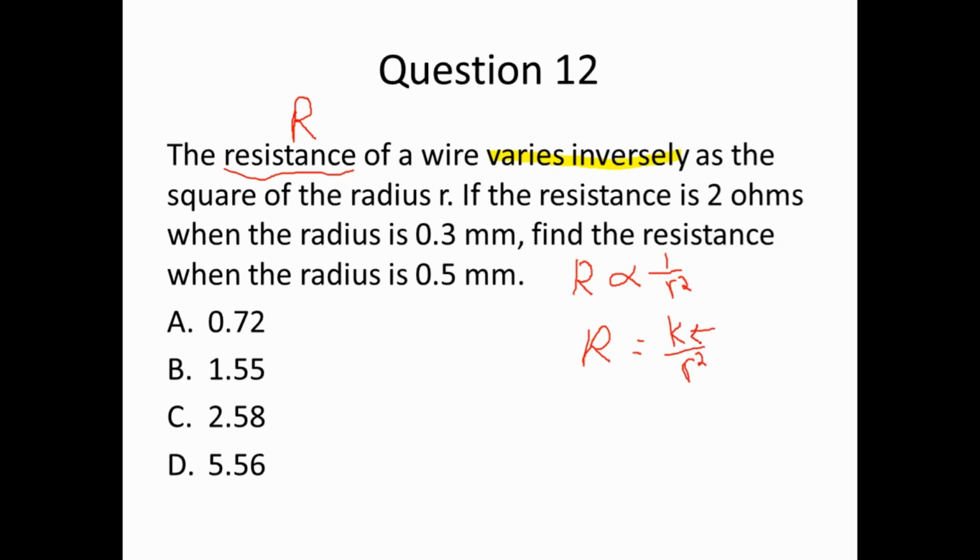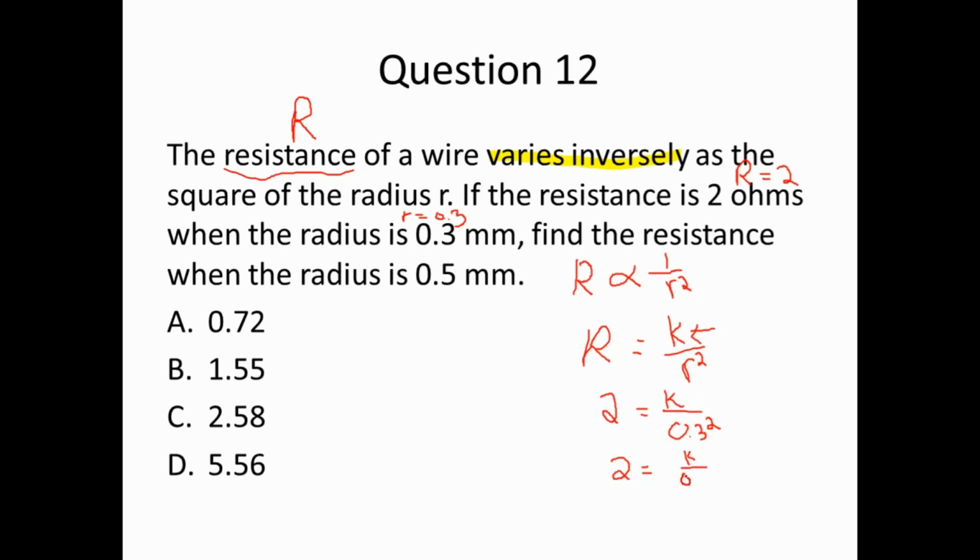We have to find the value of k. The resistance is 2 ohm, so R equals 2, the radius is 0.3, so small r equals 0.3. So 2 equals k over 0.3 squared.